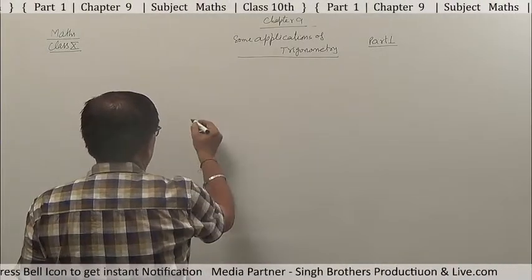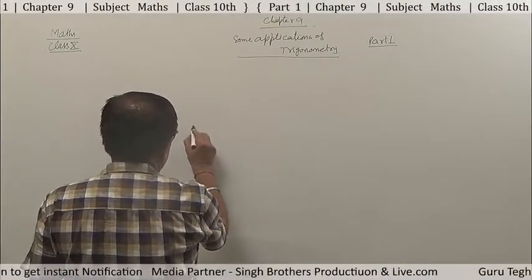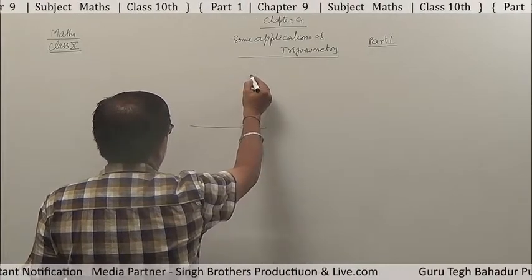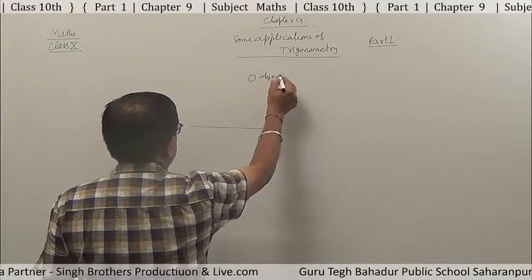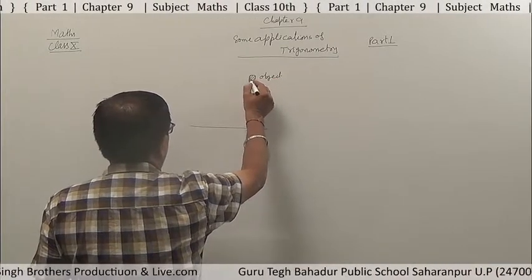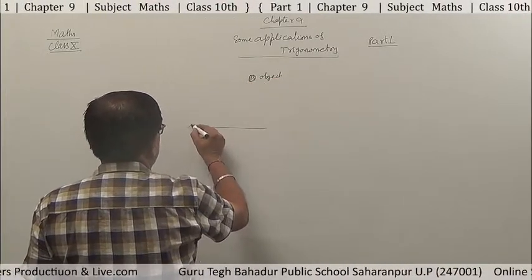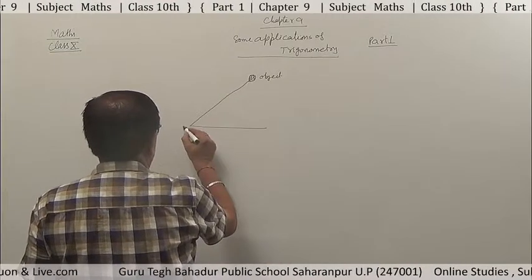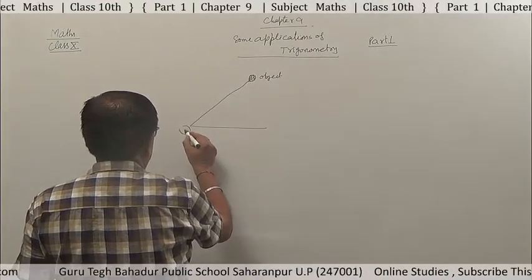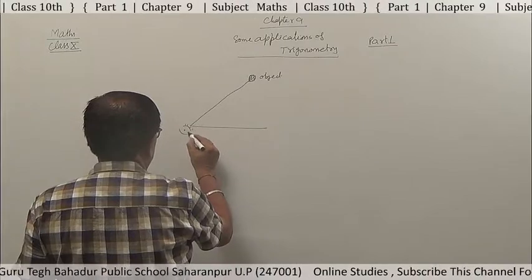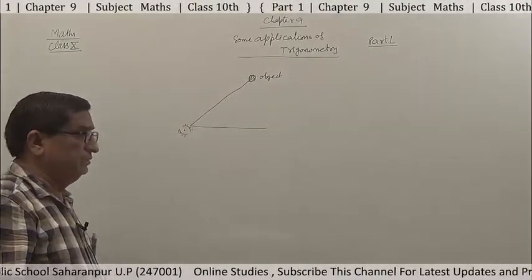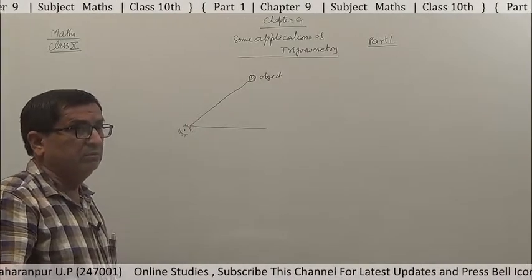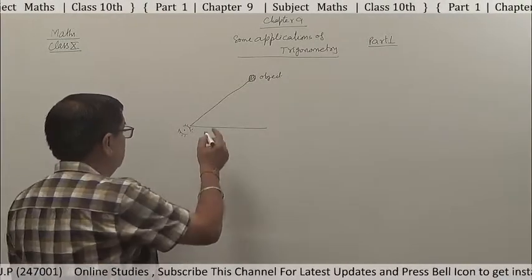When this is your object, you see the object from below side to upward, it forms the angle of elevation.